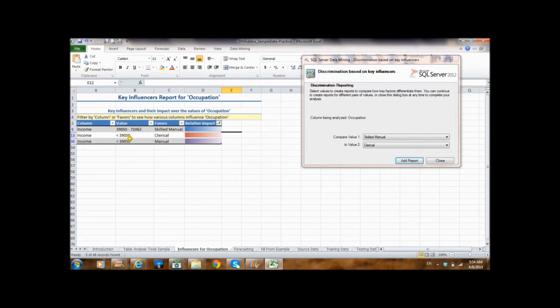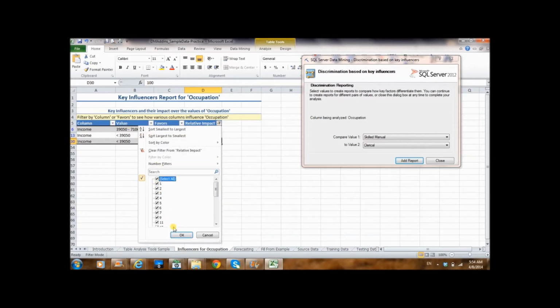If less than 39,000, it can be either clerical or manual. As you can see over here, this is another 100. This one is 100 too. So you have to be careful about how to interpret these numbers.